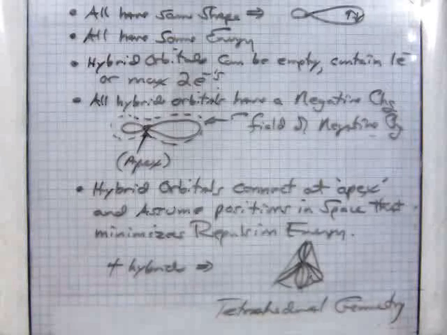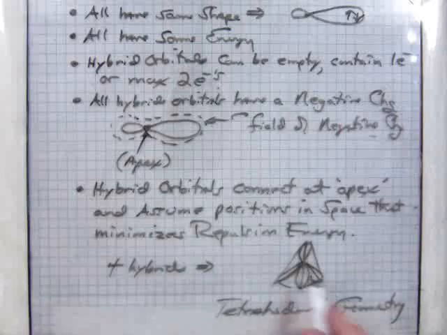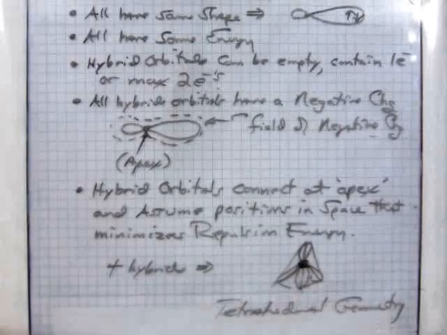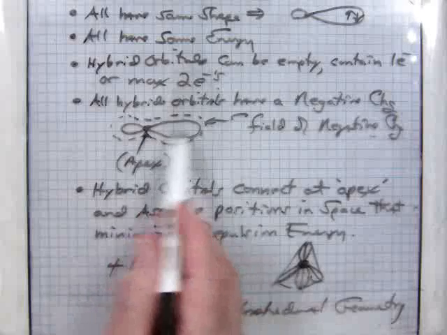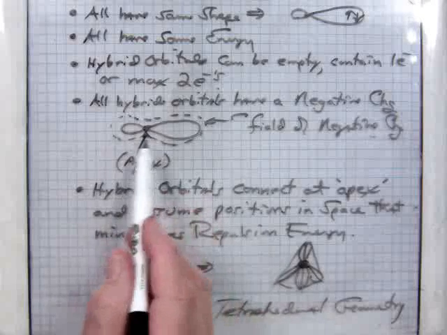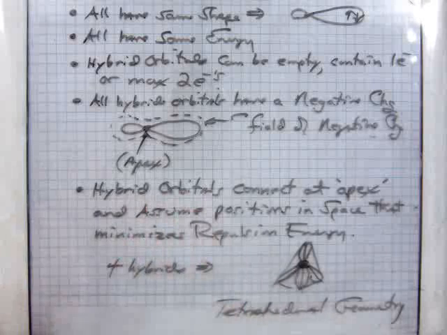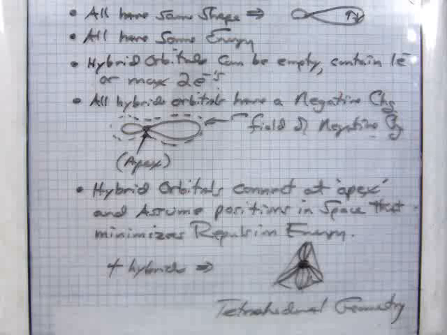So in the formation of the structure of methane, if it has 4 hybrid orbitals and they connect at the apex, so you take 4 of these little asymmetrical figure 8s, turn loose after they connect at the apex, and they will naturally assume, when you have 4 hybrids, a tetrahedral geometry.